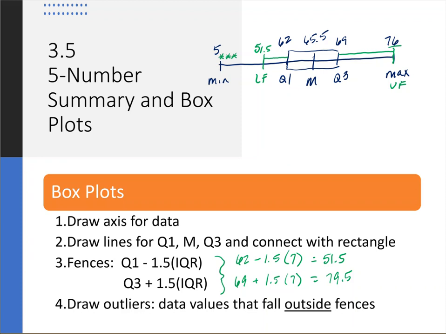So our 5-number summary consists of the min, Q1, the median, Q3, and the max. And then the fences are constructed using this formula and multiplying by the IQR. This is how you can construct a box plot by hand, but we'll be using technology to construct it in the future.